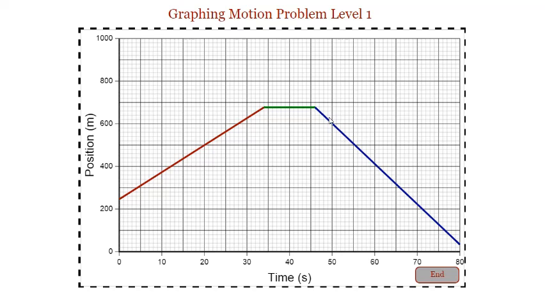Then I subtract my initial position, which in this case is 680. I'm just focusing on this segment. So I have 40 minus 680, which is a displacement of negative 640. The negative is important there. Remember, displacement can be negative, velocity can be negative. That indicates the direction you're moving.